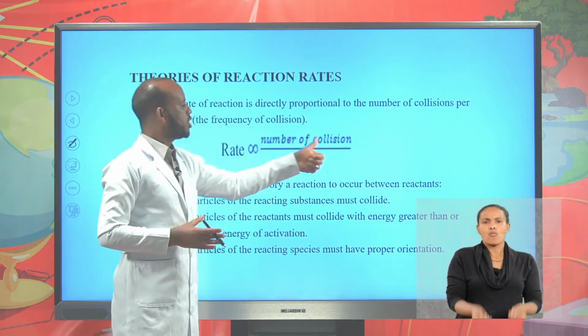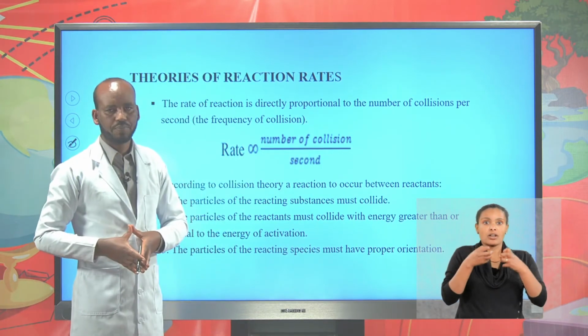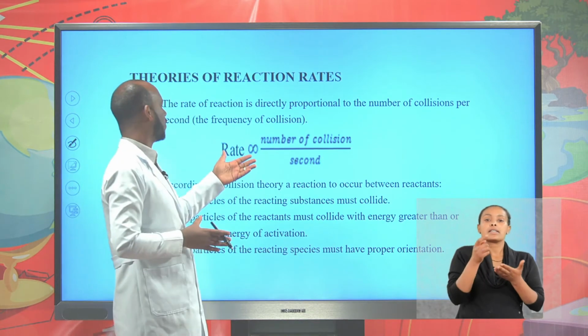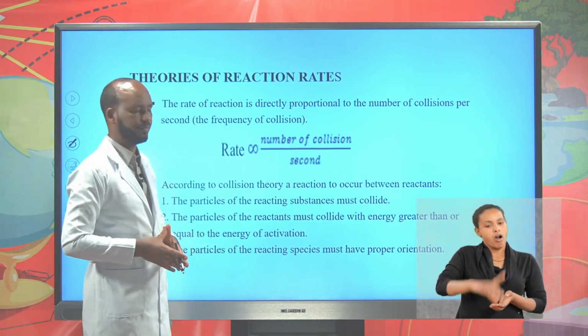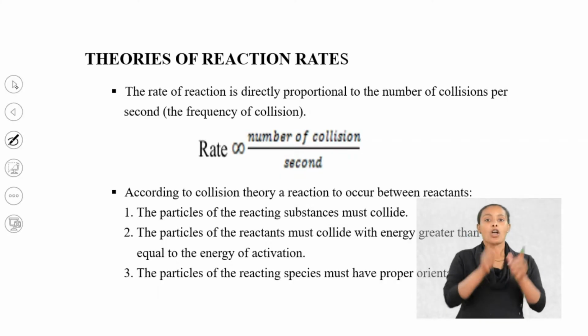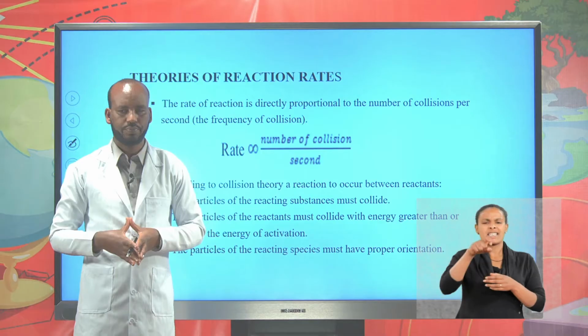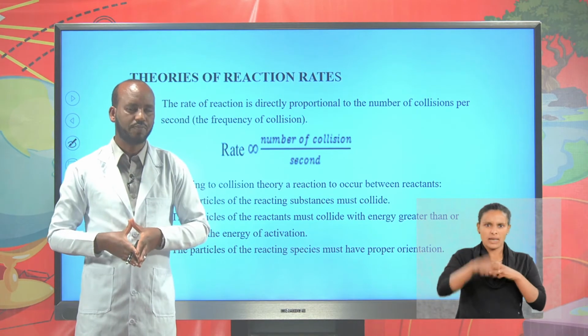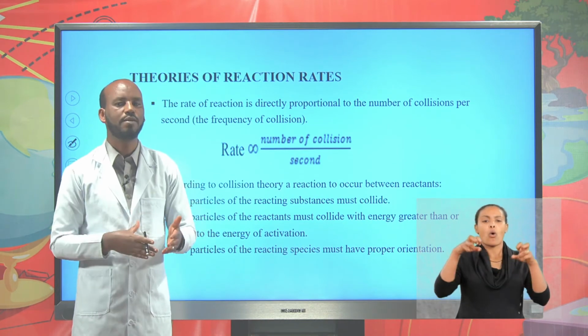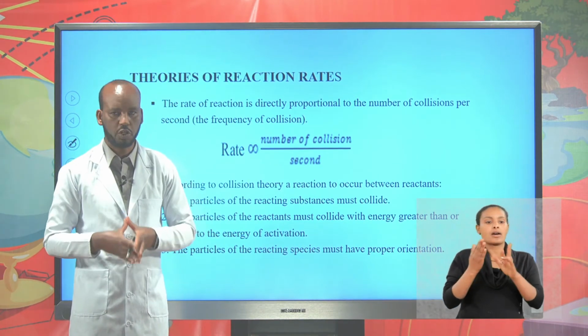With more collisions between reacting substances, the rate of the reaction is high. According to collision theory, for a reaction to occur between reactants, one, the particles of the reacting substance must collide. For a reaction to take place, there must be collision between reacting species.